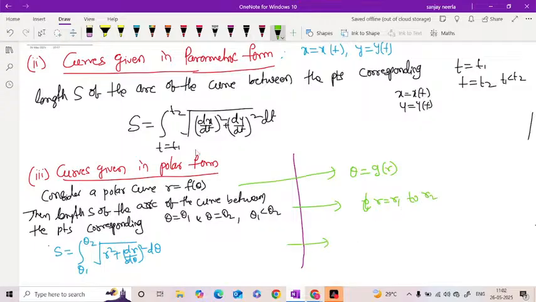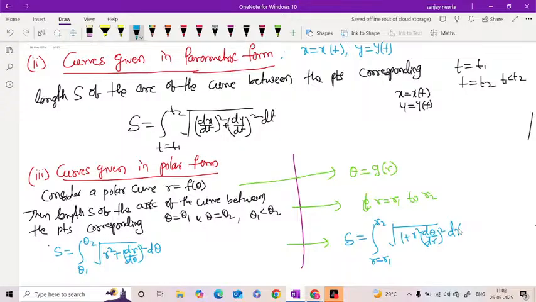Then the length of the curve is s is equal to integral r is equal to r1 to r2 under root of 1 plus r square (d theta by dr) whole square into dr. So this is the second way in polar form.